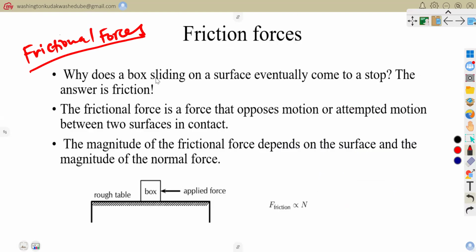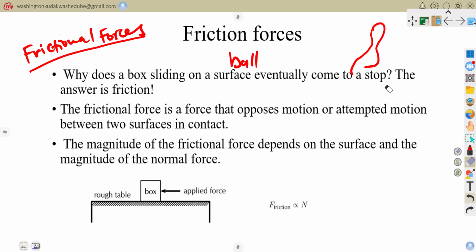Why does a box that you might slide on a surface eventually come to a stop? Or let's say you slide a ball. For those who have gone to some bowling club, you roll a ball, and then that ball slides towards some objects that you are trying to hit.